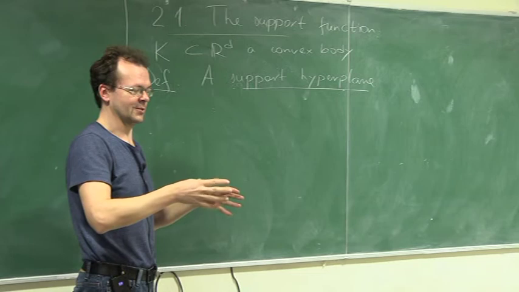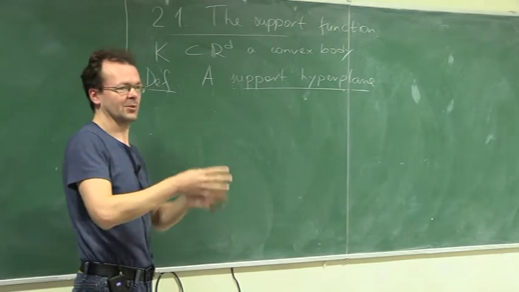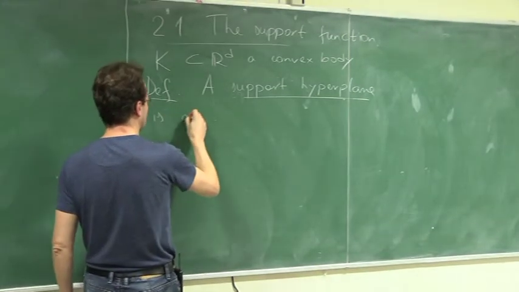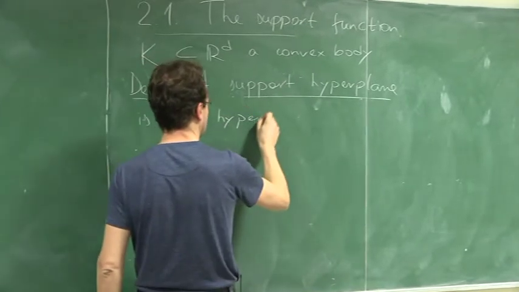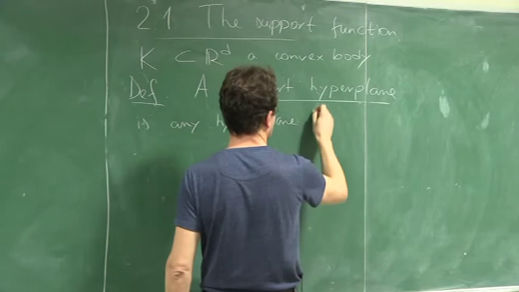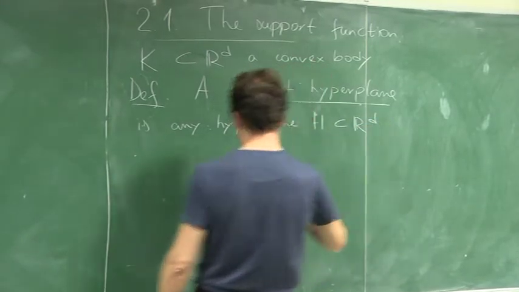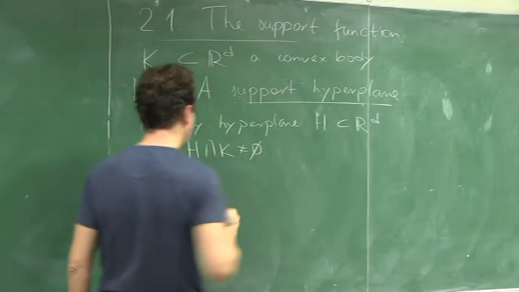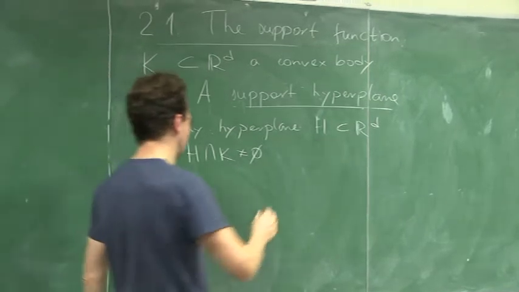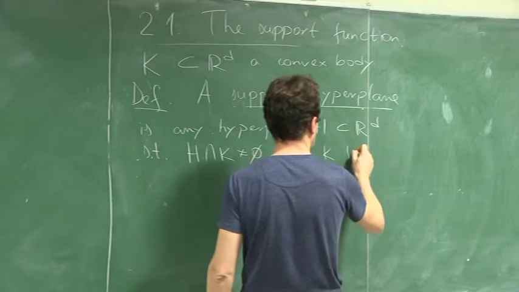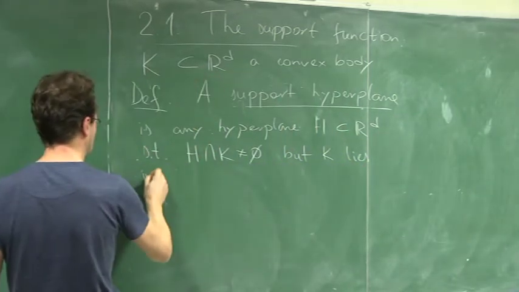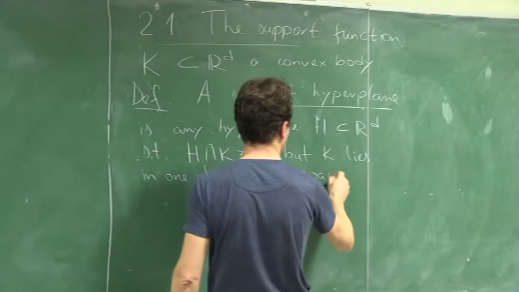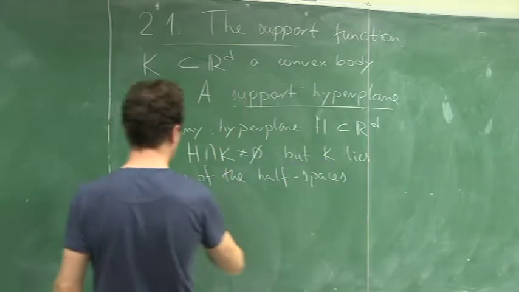So such a hyperplane that K lies completely on one side of it, but it has at least one common point with K. So a support hyperplane is any hyperplane H such that H intersection K is non-empty, but K lies on one side, lies in one of the half spaces bounded by H.